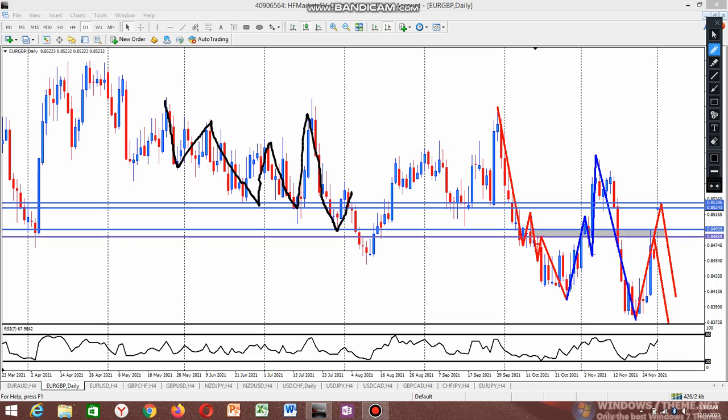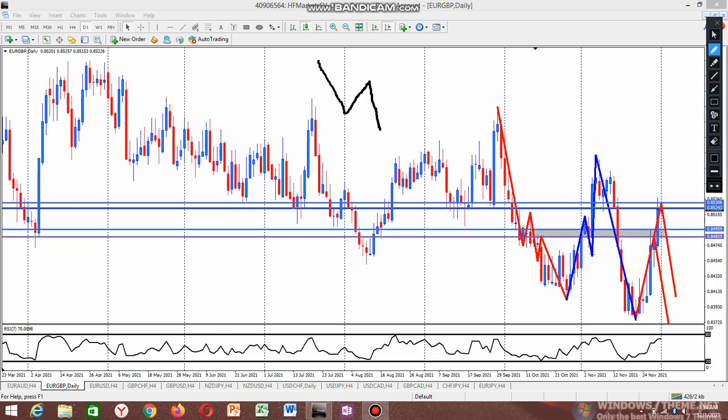Like the normal definition of a bearish trend, we have a low, we have a lower high, drops down, forms a lower low, pushed up and forms a lower high, drops down, forms a lower low, pushed up, forms a lower high, drops down, forms a lower low. So each of these areas are key areas to sell.